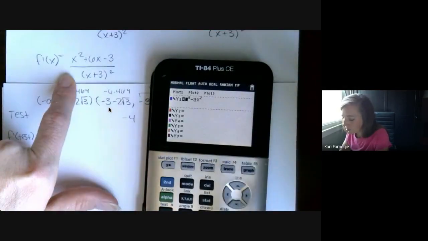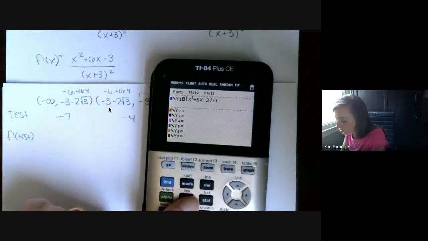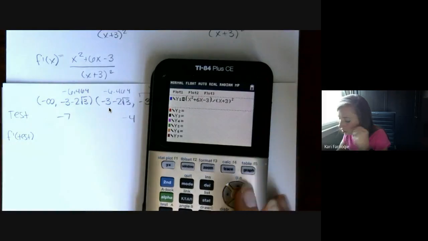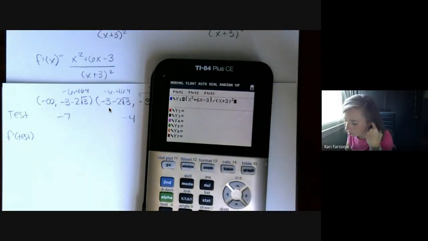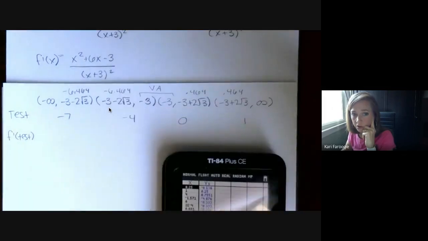Make sure you enter it using the appropriate grouping symbols. (x squared plus 6x minus 3) divided by, open up your parentheses, (x plus 3) quantity squared. And you'll be able to evaluate these test values much more quickly if you use your calculator, assuming you entered your function correctly. I'm going to go to my table, and I'm going to look at my test values.